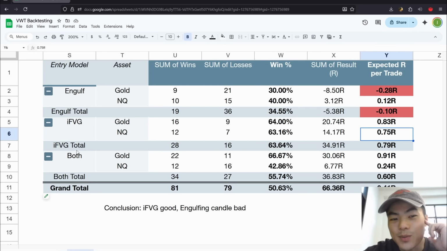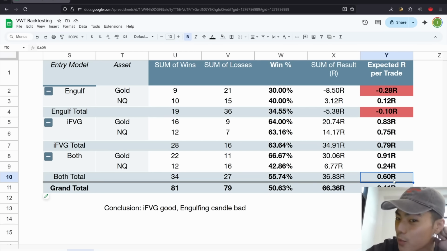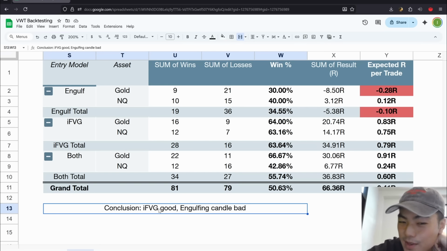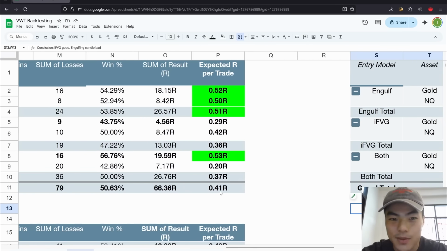And then when there is both an engulfing candle and an inverse fair value gap present, we had 34 wins, 27 losses, total of 36 R, 0.6 R expectancy, so still pretty good. So yeah, my conclusion from this is inverse fair value gap good, engulfing candle is bad. Like there needs to be an inverse fair value gap in the entry or it's just not worth taking it.